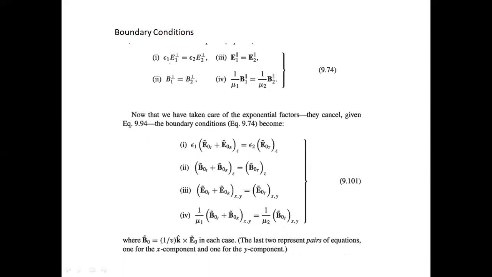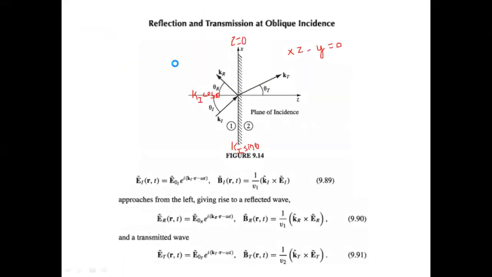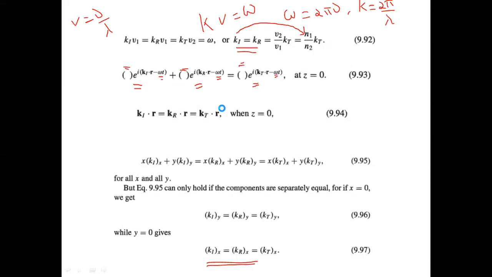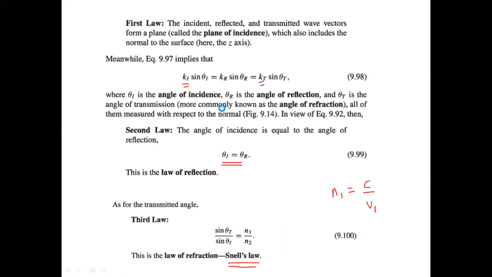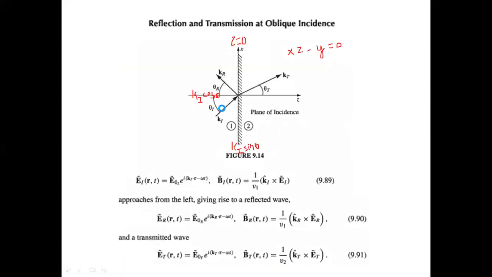I'll just show an example. E1 is nothing but all the electric field in medium 1 which is perpendicular to the interface. That will be EI and ER.